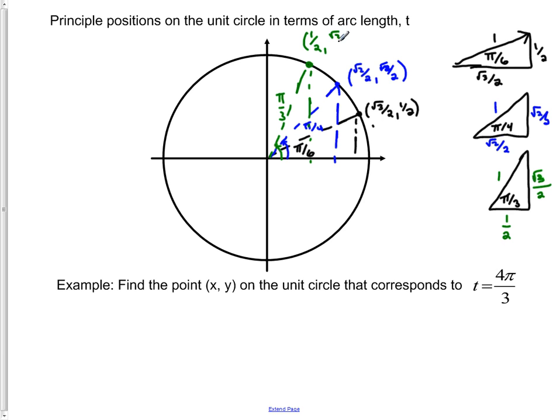Now, this seems unnecessarily long and complicated to have to develop this whole thing, and it's not as if every single position around the unit circle has to be developed one by one according to some formula right here. We can say a couple of basic things.